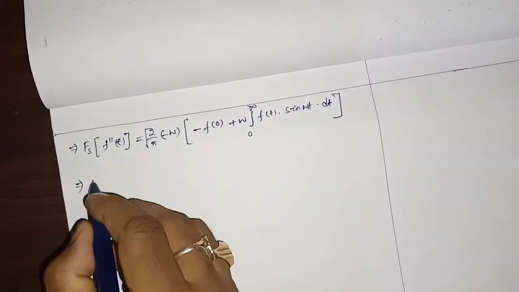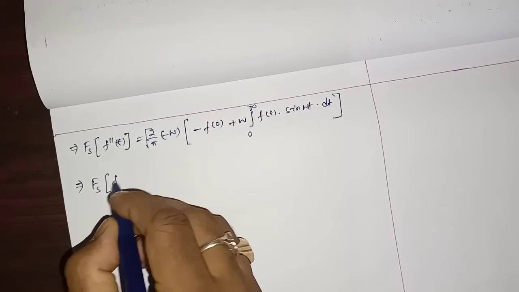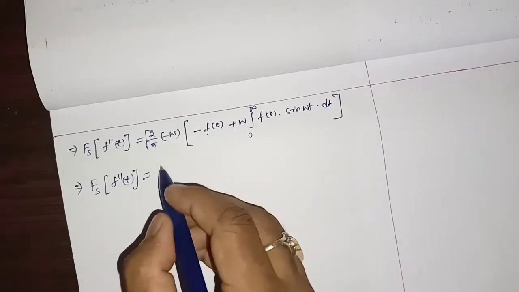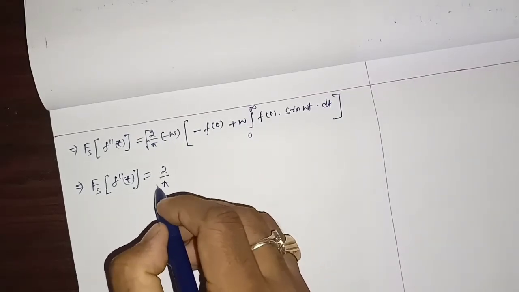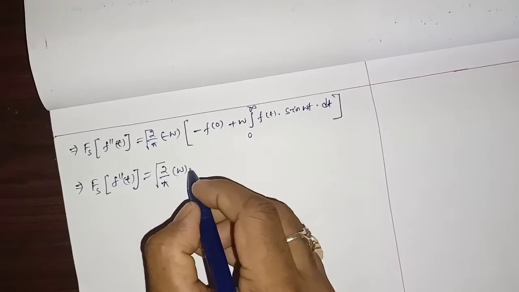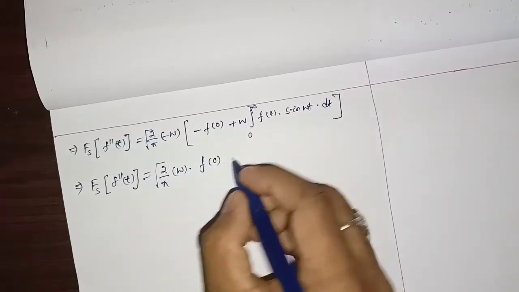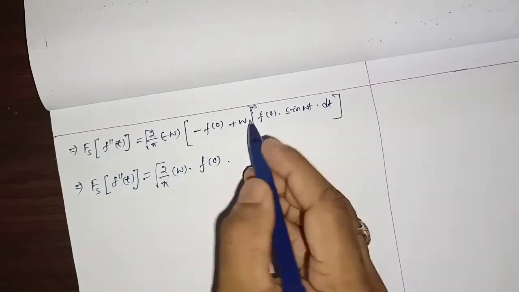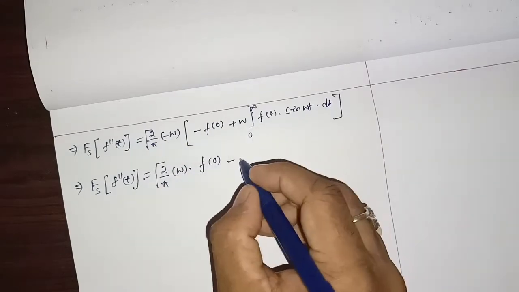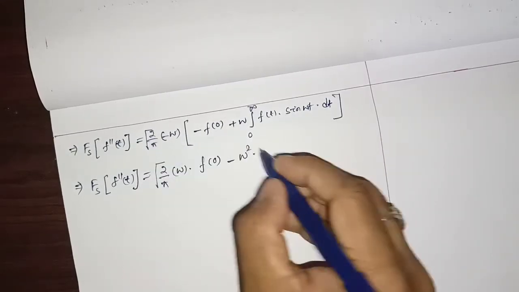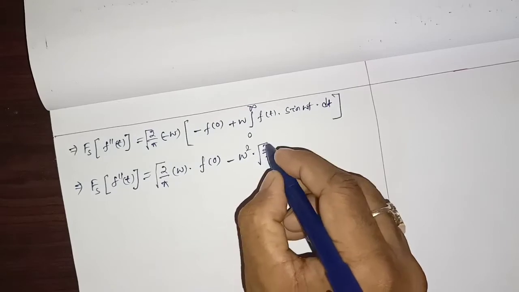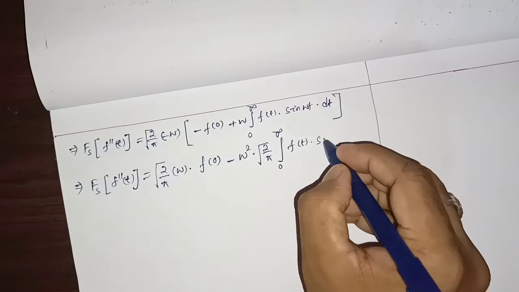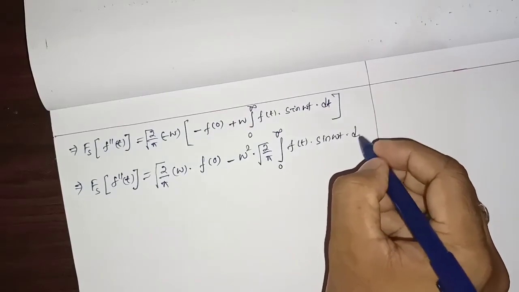So that implies the Fourier sine transform of f double dash t will be equal to, here you can see minus minus will be plus, so 2 by pi root over omega into f of 0, and here minus, here plus is there, so obviously this will be minus omega square into 2 by pi root over integration of 0 to infinity f of t into sin omega t into dt.